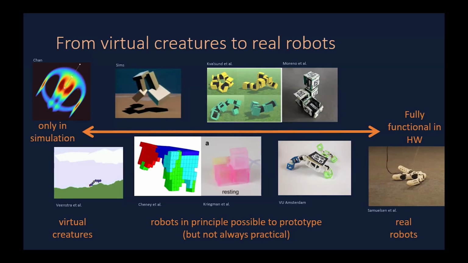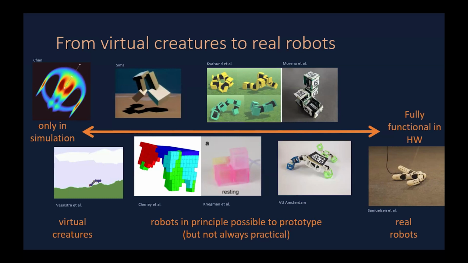But maybe in the future these will be even easier to instantiate in the real world. Then there are some works on modular robots that are quite possible to create in the real world, but there might be a little bit of work to get to that. And on the right, robots that are fully operational in real hardware.